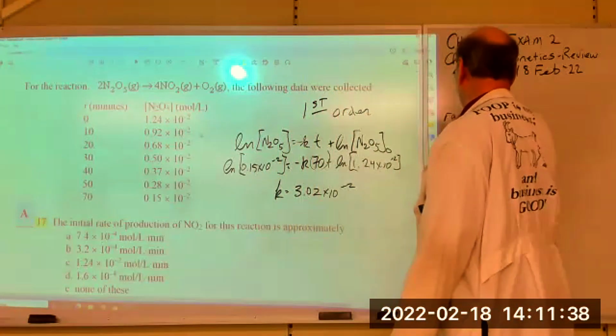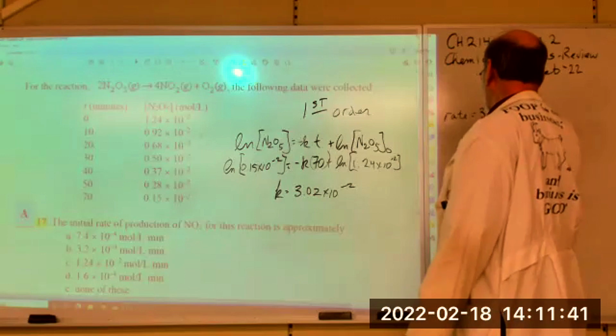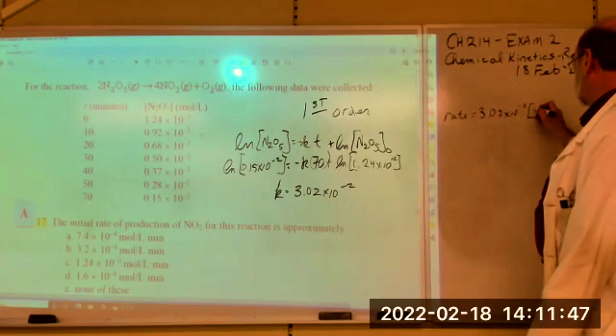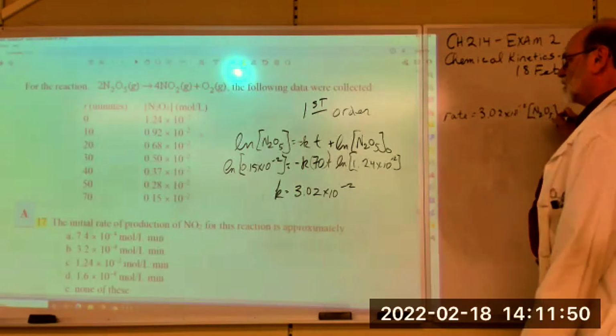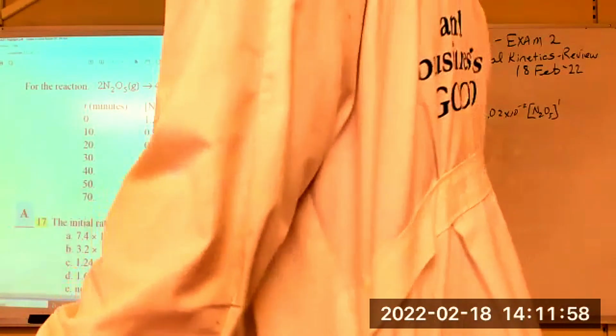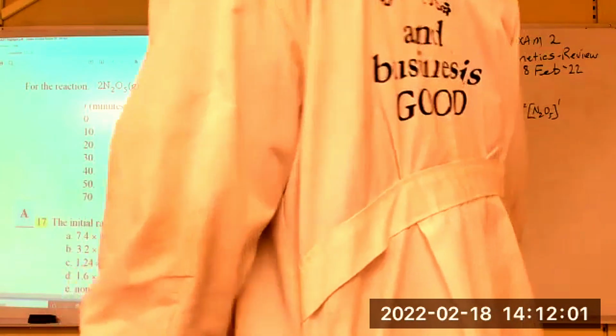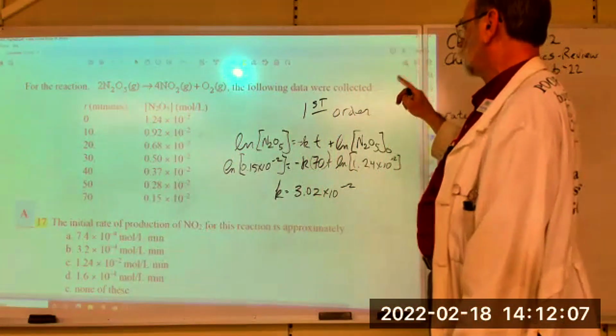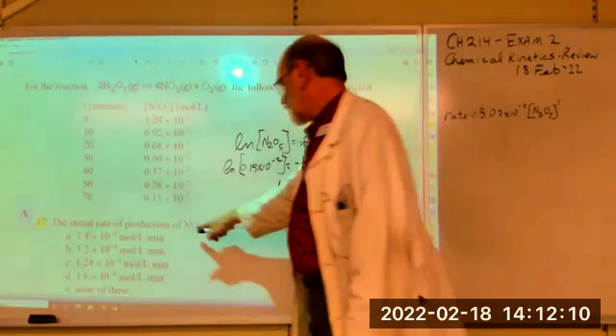Now that we know what K is, we can say the rate is equal to 3.02 times 10 to the minus 2 times N2O5 to the first order. Okay, and the rate is disappearance of NO2. No, the appearance of NO2, excuse me. Yeah, initial production of NO2.